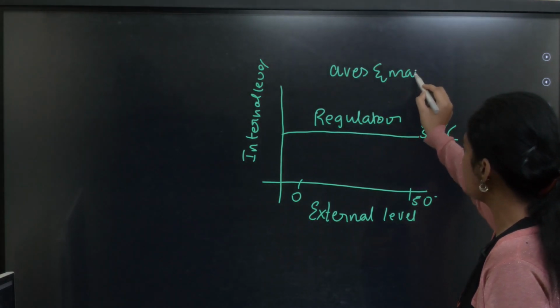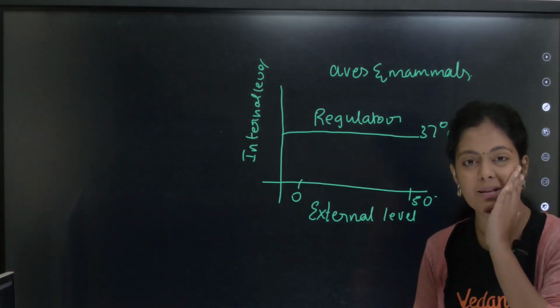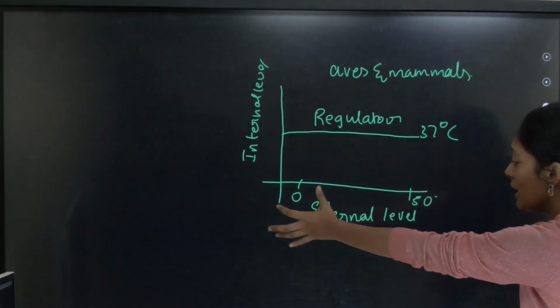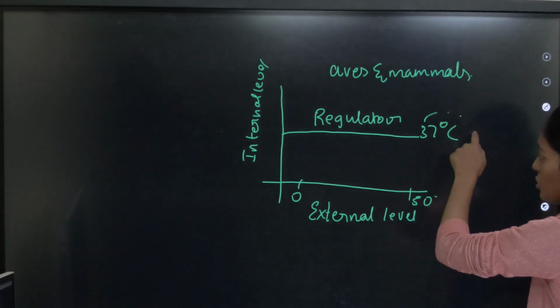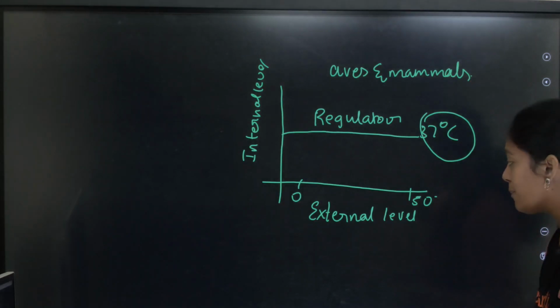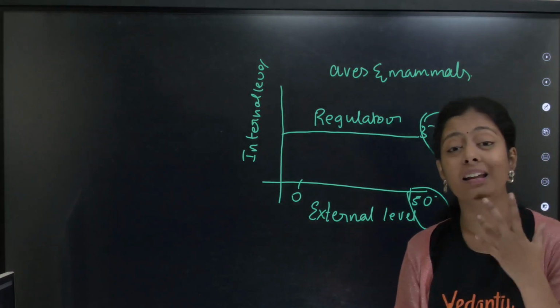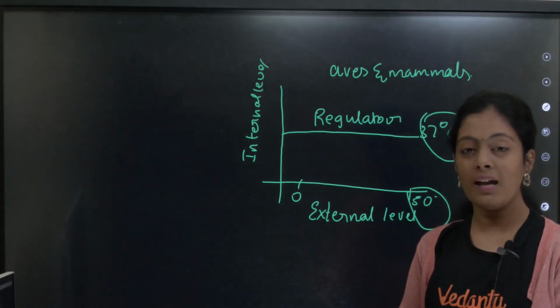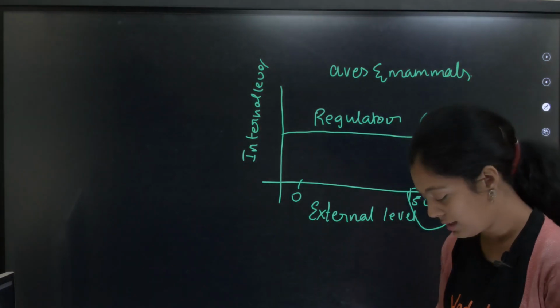All aves and mammals are very good examples for regulators. Understood, children? No matter how the external environment changes, if you go and live in the polar region your temperature will be 37 degree. If you go and live in a desert, your temperature will still be 37 degree. That is what I call regulators. They are able to regulate their own body temperature or osmotic concentration.